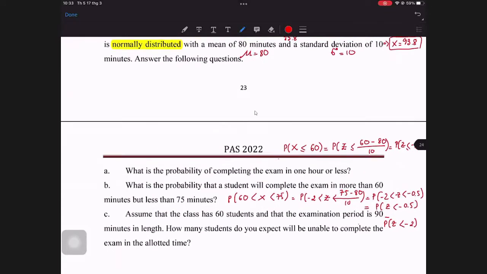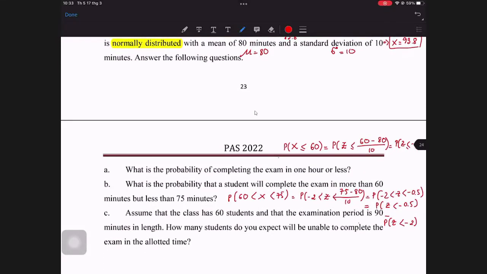And as for question C, now assume that the class has 60 students and the examination period is 90 minutes in length. How many students do you expect will be unable to complete the exam? Okay. So the exam period is 90 minutes. Unable to complete the exam means that the completion time is more than 90 minutes. So all you need to do is find P of X greater than 90.